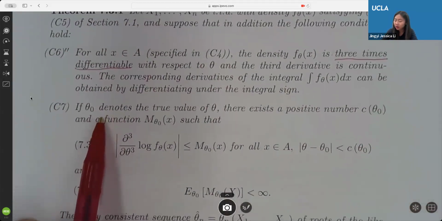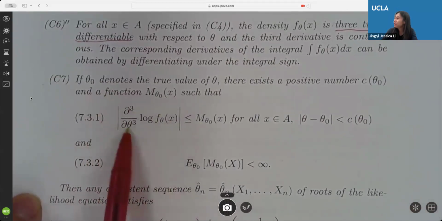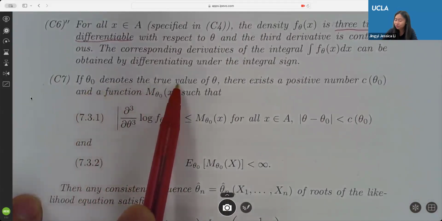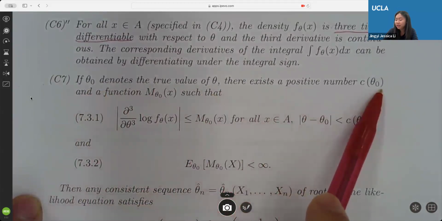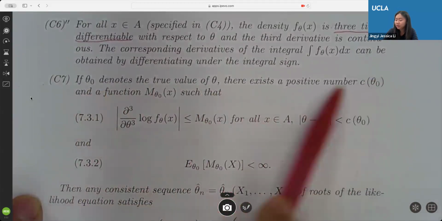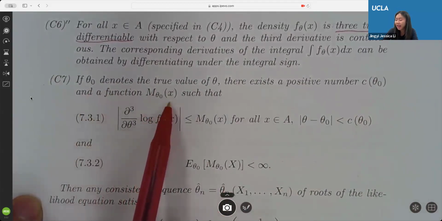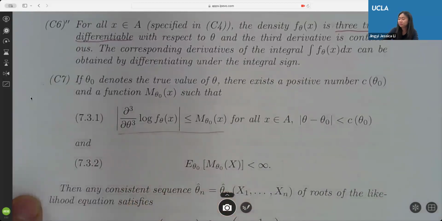Besides this, we also need some upper bound on the third derivative of the log likelihood. If theta 0 denotes the true value of theta, there exists a positive number c(theta 0), depending on the true parameter value, and a function M_theta0(x) such that you have this upper bound.